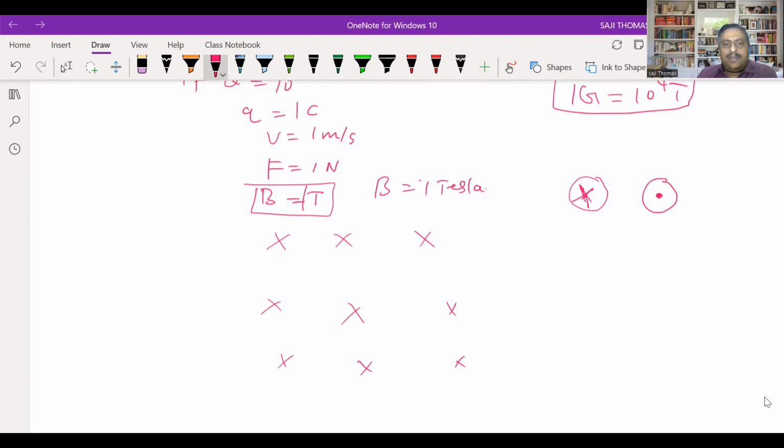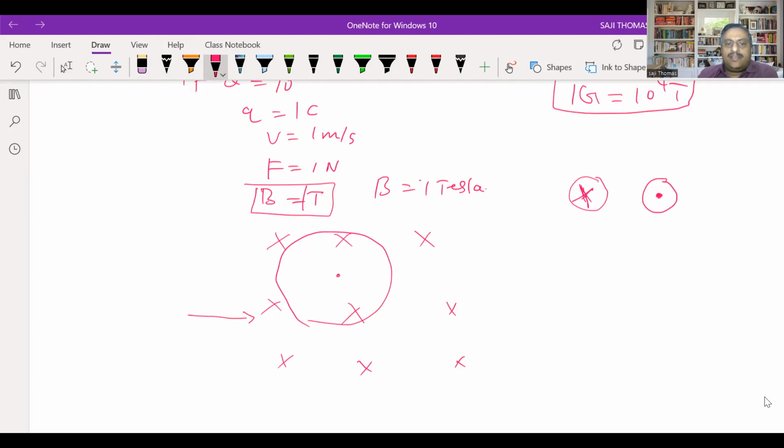Suppose the particle at the instant has velocity in this direction, and the force is directed perpendicular to it. So it will move in a circular path. In a perpendicular magnetic field, the particle moves in a circular path. So the charged particle is entering here. When it enters, the force will be perpendicular to it. So the particle will move in a circular path.